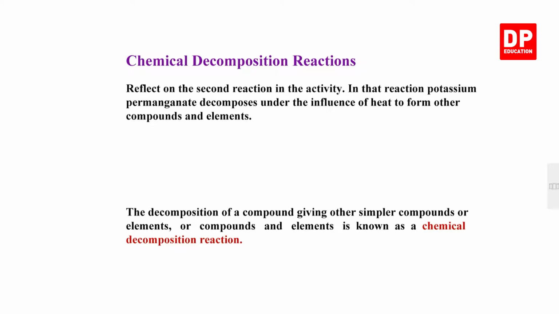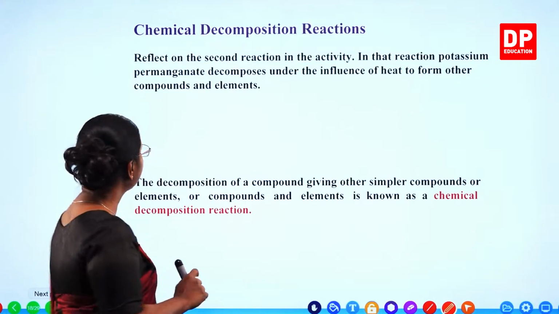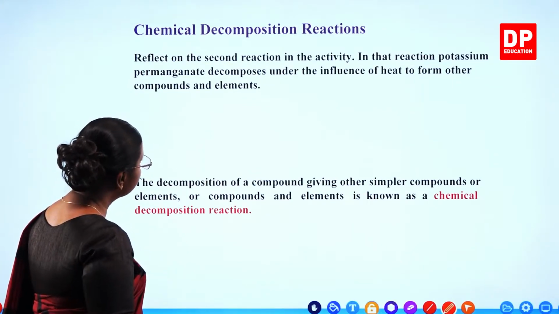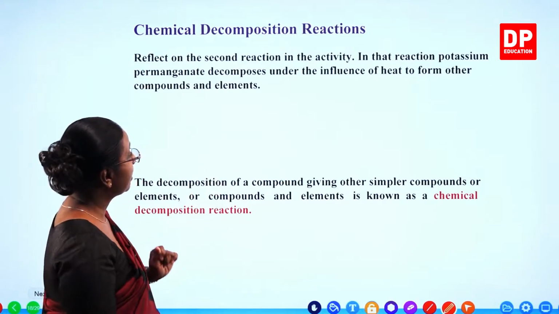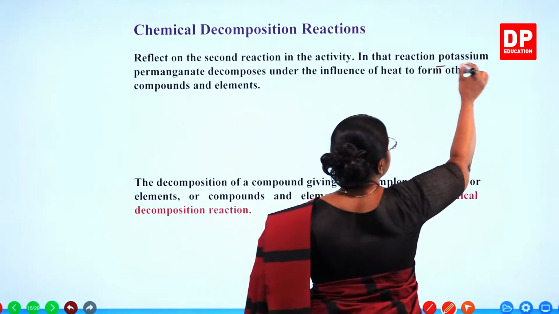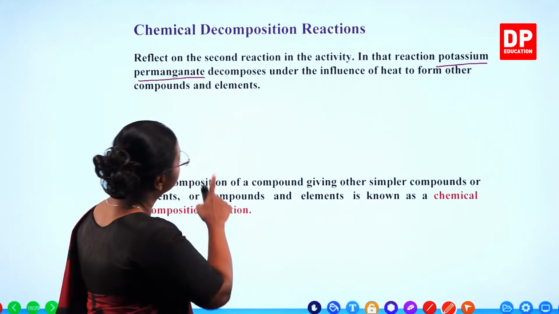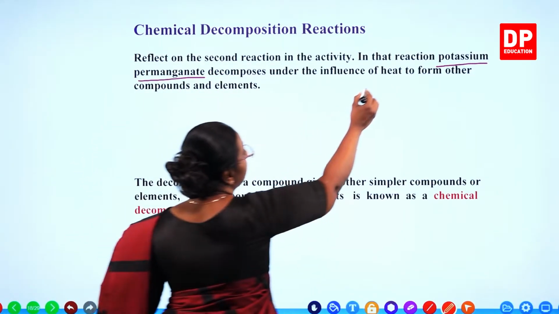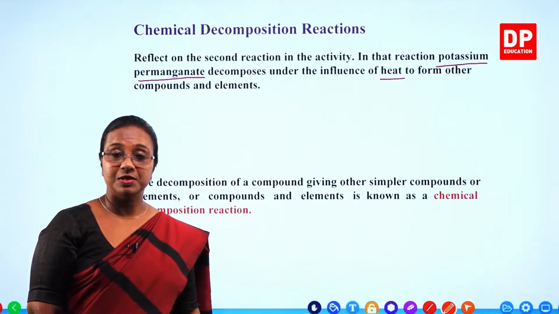Chemical decomposition reactions. So, again, you are familiar with this reaction. Reflect on the second reaction in the activity. What is that? In that reaction, potassium permanganate decomposes under the influence of heat to form other compounds and elements.